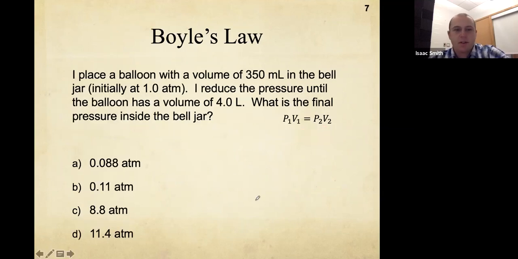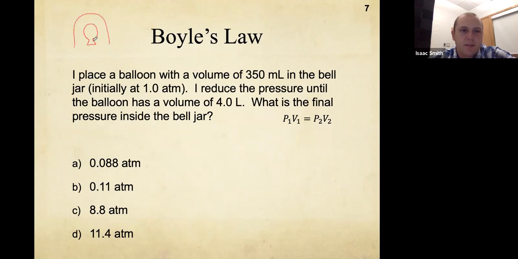Here's another example. Go ahead and pause this one and try to do this one on your own. Okay. Question says, I place a balloon with a volume of 350 milliliters in the bell jar. This is generally a demo that's done in class, but anyway, we can still do this. Initially at 1 atmosphere. So there's a balloon in this bell jar.